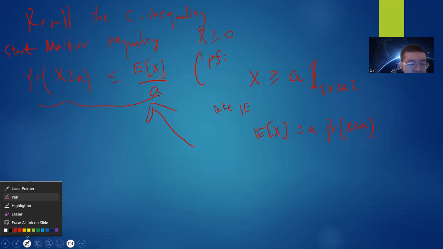Okay, and now let's quickly prove the Chebyshev. So the proof basically goes this way, right? You can start from x minus its average squared divided by k squared sigma squared. And this number is greater or equal to the probability of x minus mu greater or equal to k sigma.